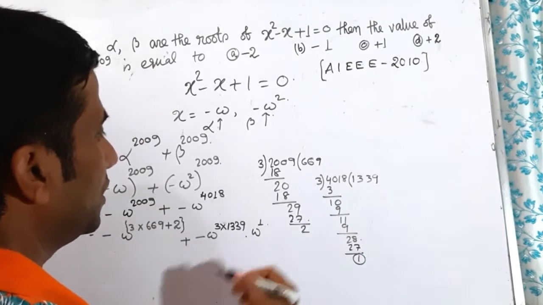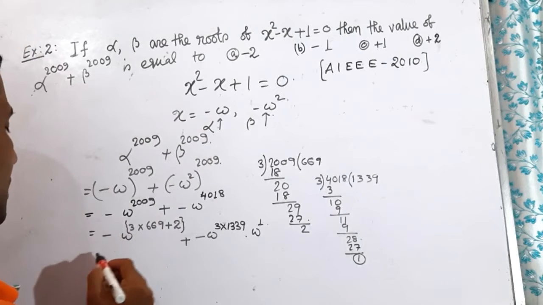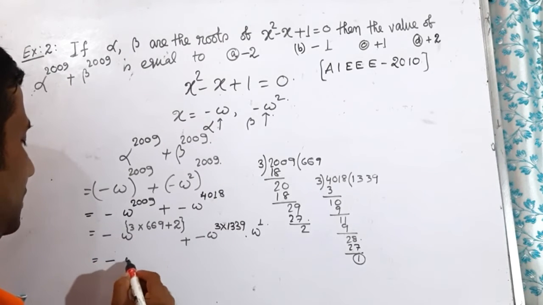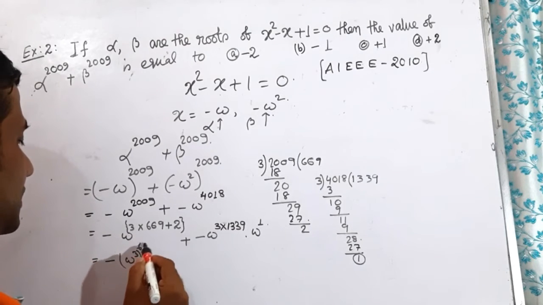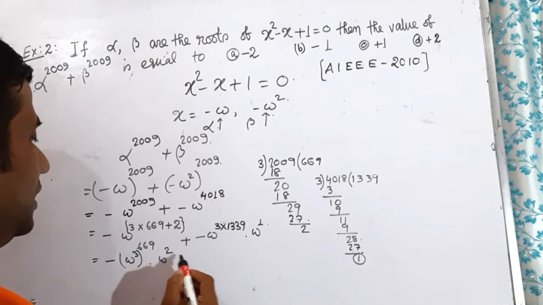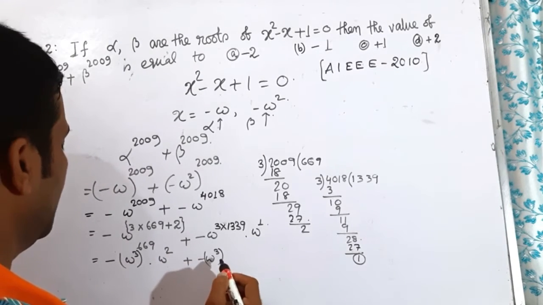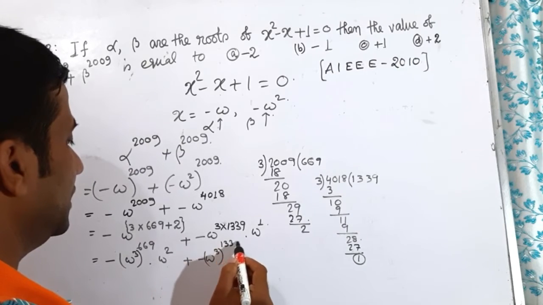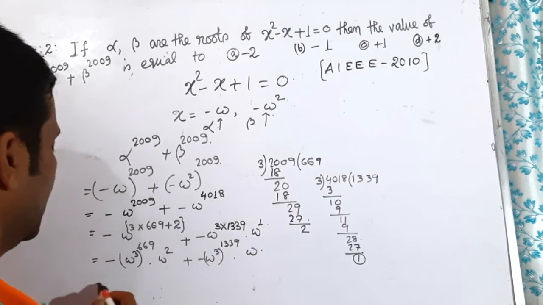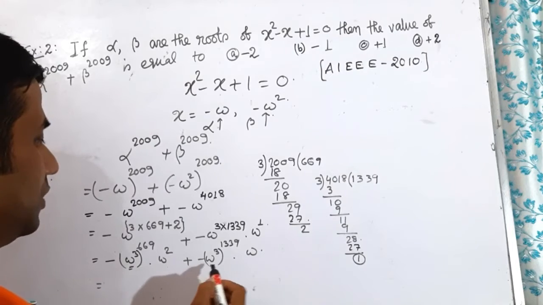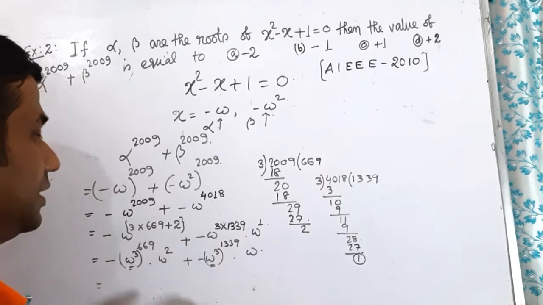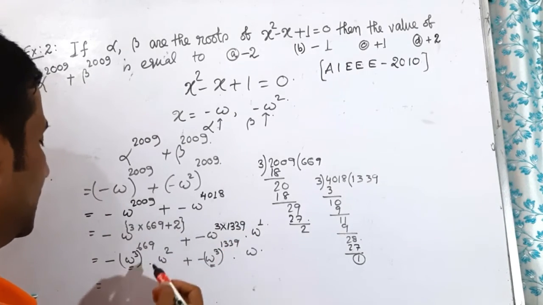This is 1, and what we know is that (minus omega cube) whole to the power 669 into omega square, and this is (minus omega cube) whole to the power 1339 into omega, and it becomes, this is 1, multiple of 3n, and we know that multiple of 3n is equal to 1.